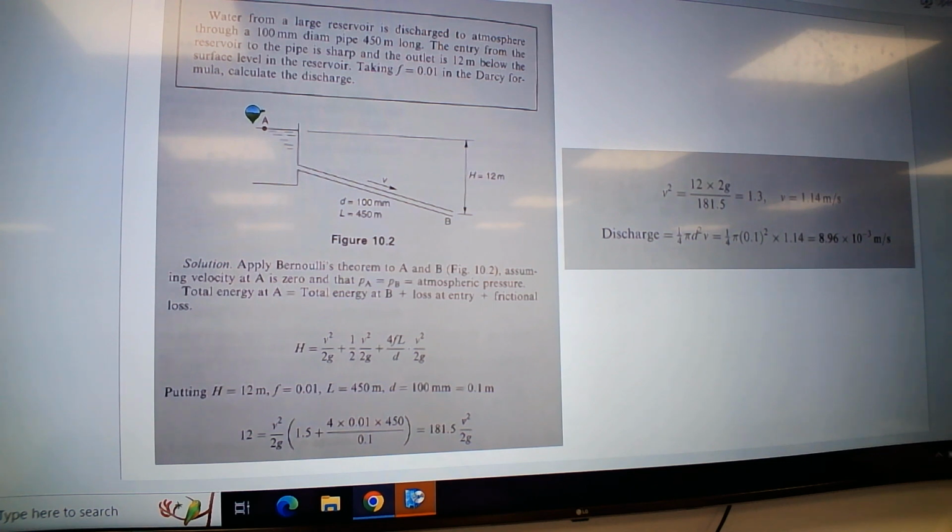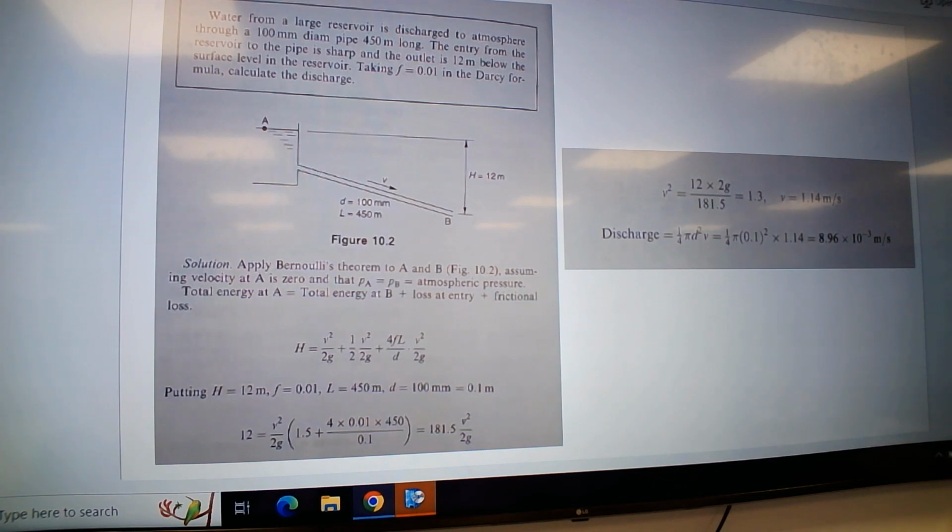This is the point A, and this is under atmospheric pressure. So the total energy at A should be equal to total energy at B plus the loss at entry plus the frictional losses due to the Darcy formula.